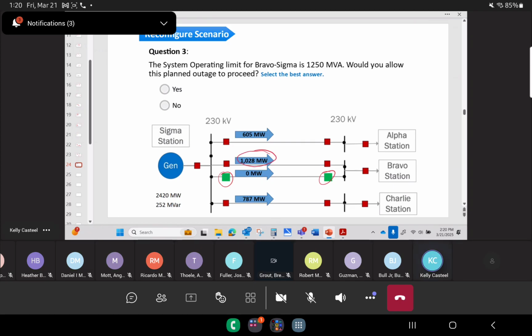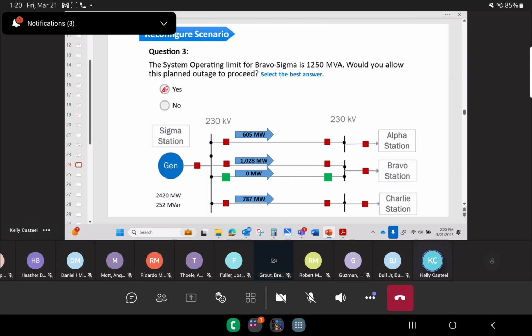Yes, and it showed that we would have basically 1,028 megawatts on that line if we did this outage, because that's the only outage I can see that they would be referring to. Strictly from a system operating limit standpoint, then I would say, yeah, you would.